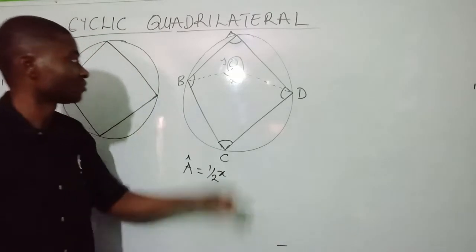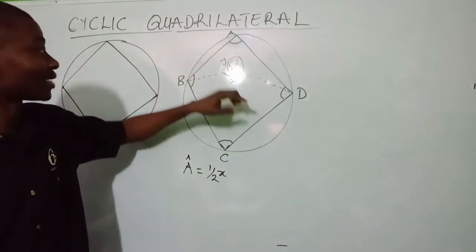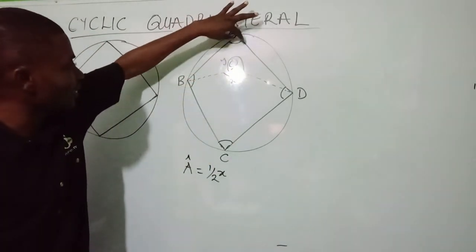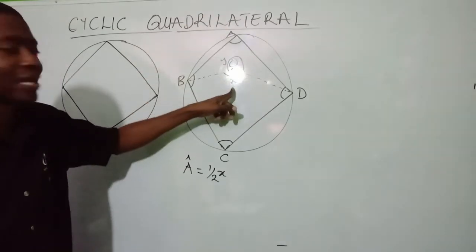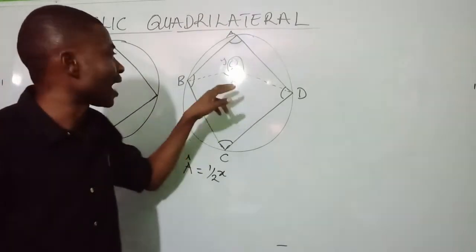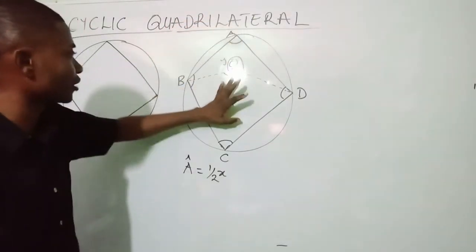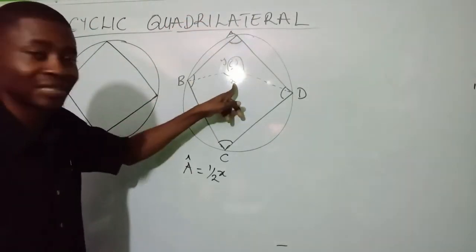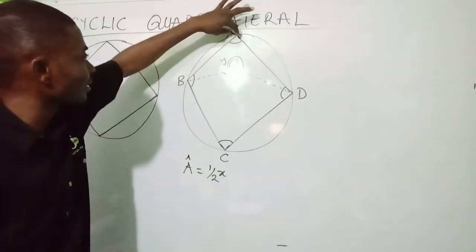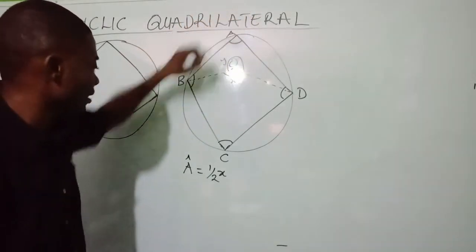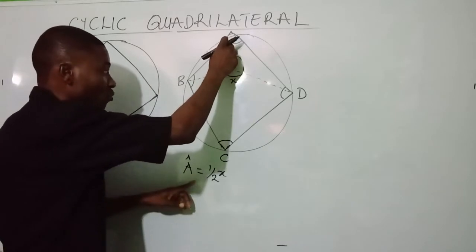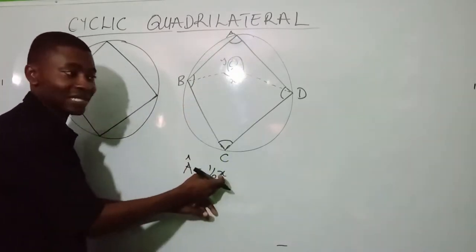And what is the reason? There is another theorem that states that the angle at the circumference is half the angle at the center, or in other words, the angle at the center is twice the angle at the circumference. If you look at our shape here, x is the angle at the center, and since A is the one at the circumference, A is going to be half of x, and that is exactly what you are seeing here.